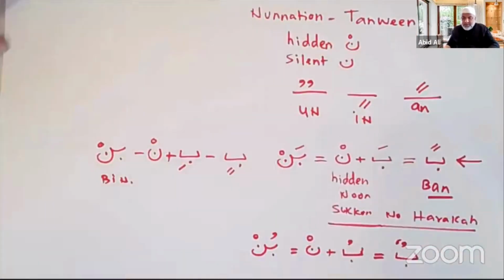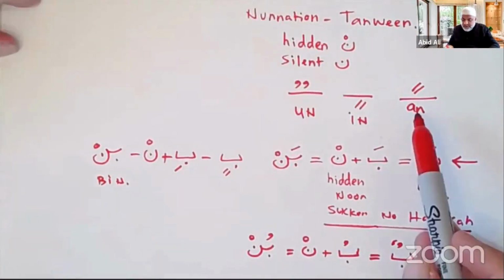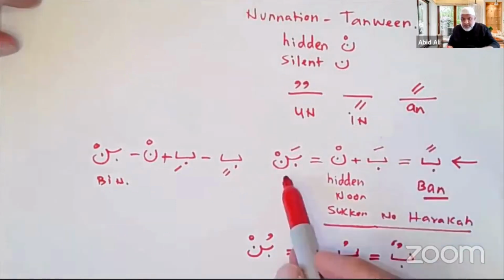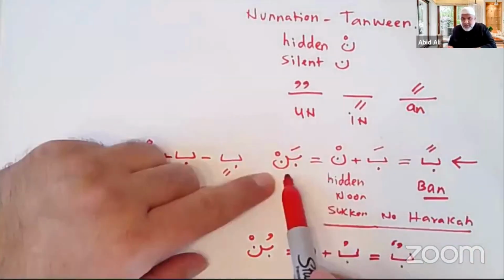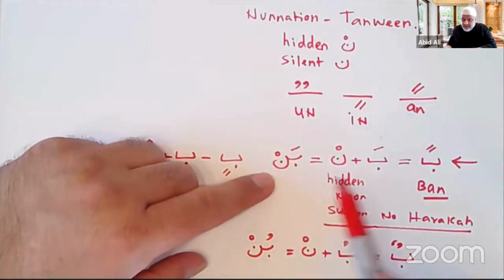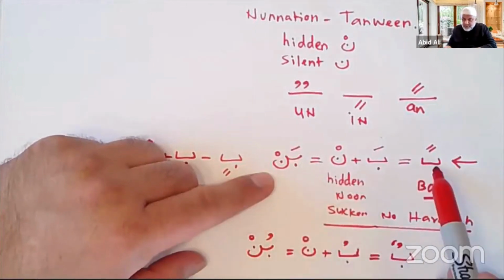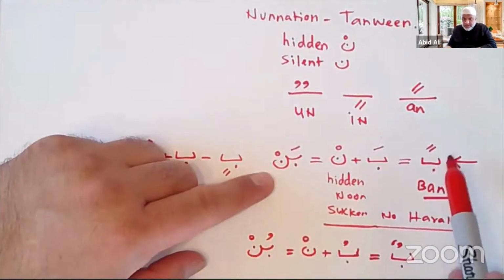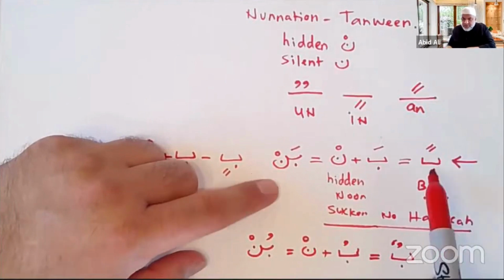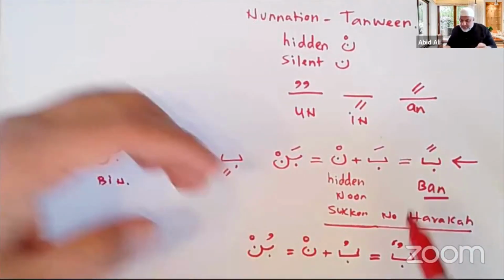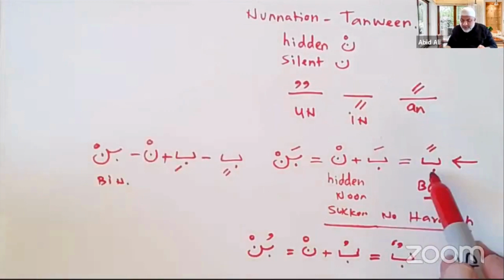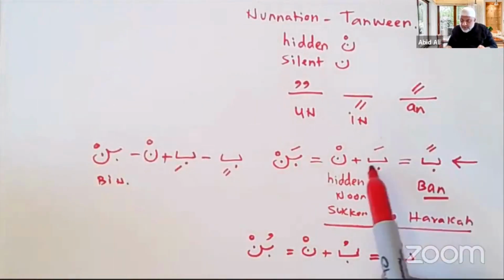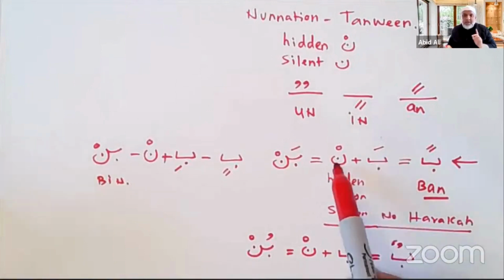Basically, this is a shortcut of writing ban. If you write it out fully, it would be hard to write the Arabic letters. So what they have done is shortened it into ba with two harakas. But the reason I showed you this is that if you expand the letter ba with the two fathas, in actuality it is ba with the short vowel and a silent noon.